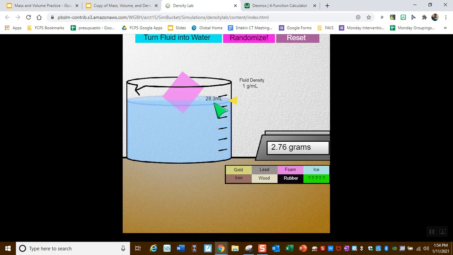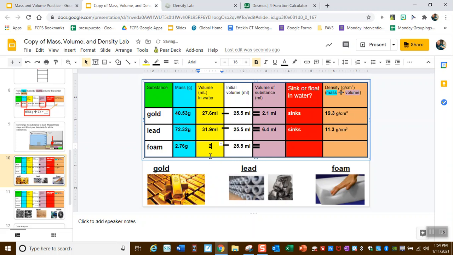Okay, so it's not moving anymore, so 28.3 is our final volume, 28.3. So let's write that here, 28.3 milliliters. Now we have to calculate the volume of the substance. We need the final volume minus the original volume.